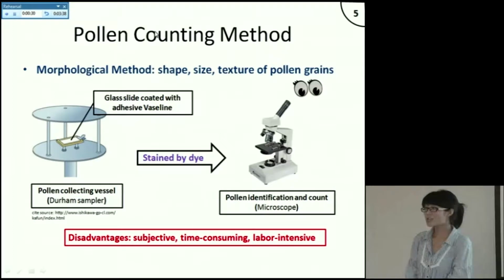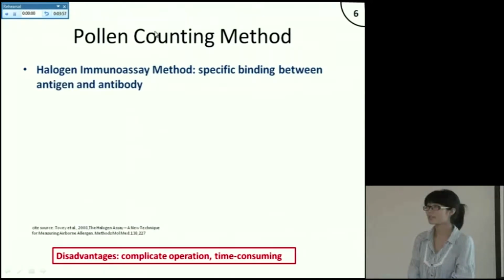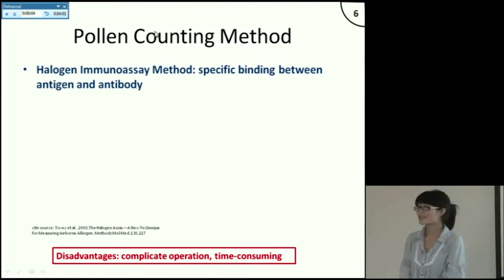Microscopic examination is performed after staining the pollen grains with chemical dyes. This is the mainly used method, but the process strongly depends on the observer's subjective judgment, and it is time-consuming and labor-intensive.